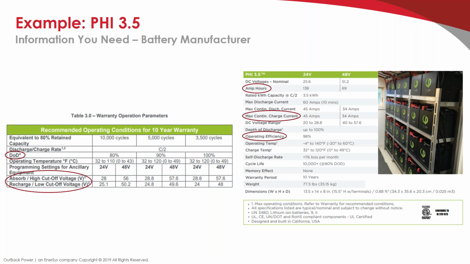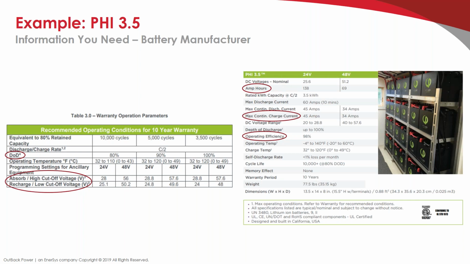For lead, it's a moderate issue. But for lithium, it's pretty important to note that operating temperature, you want to make sure your installation environment is going to meet those specifications. And that's just one example of, we don't program the operating temperature into the inverter, but it is still very important.